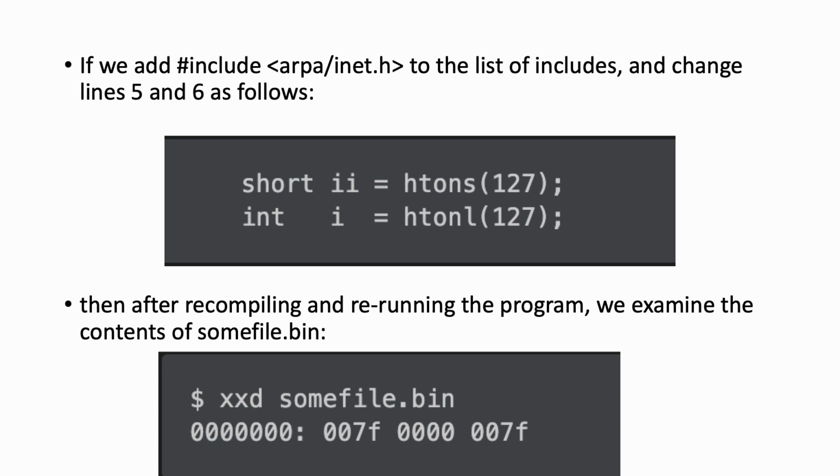If we add the network library and use the functions htons and htonl, and we can see that after compiling and rerunning, now the bytes are in the correct order.